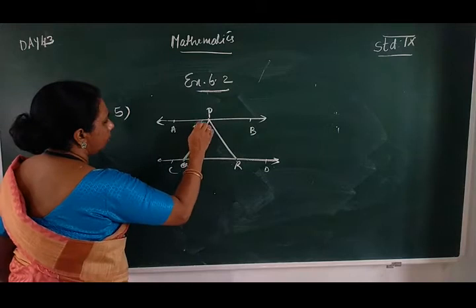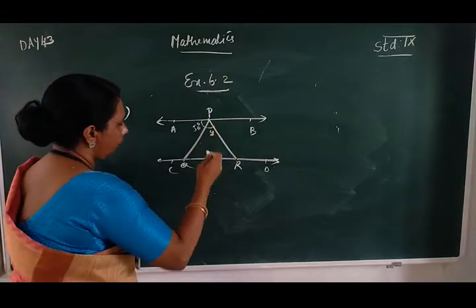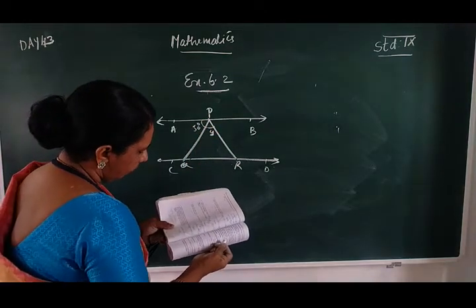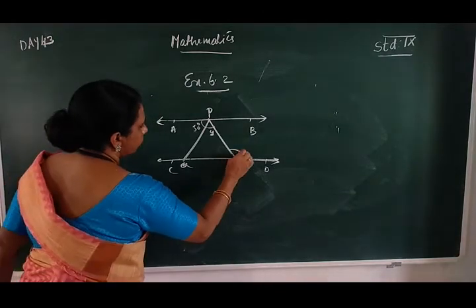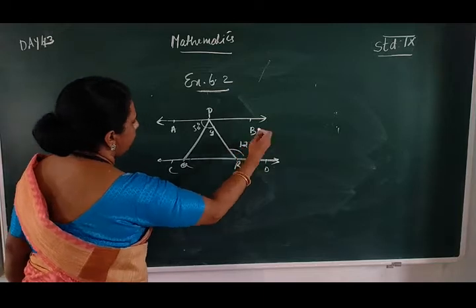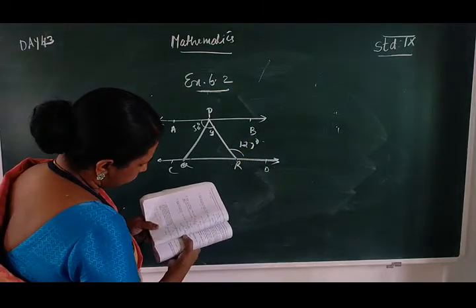This angle is 50 degrees, this angle is y, and this angle is 127. And where is x?